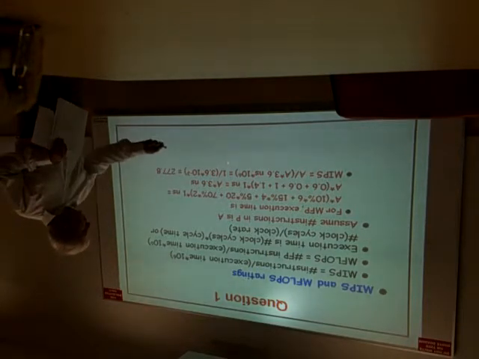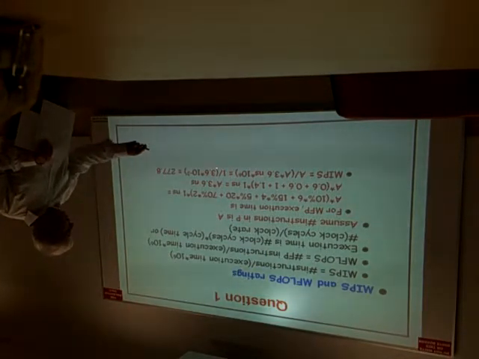From the execution time, we can get the MIPS by dividing the number of instructions by the execution time. The number of instructions was A, this is the execution time, the A's cancel out, so the MIPS rating is 1 divided by 3.6.